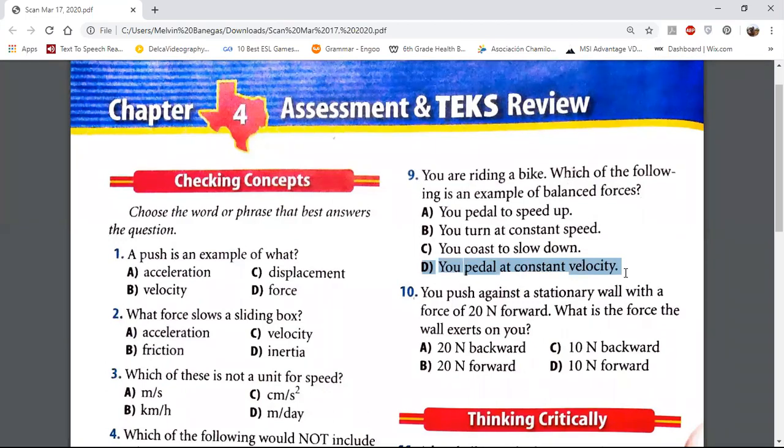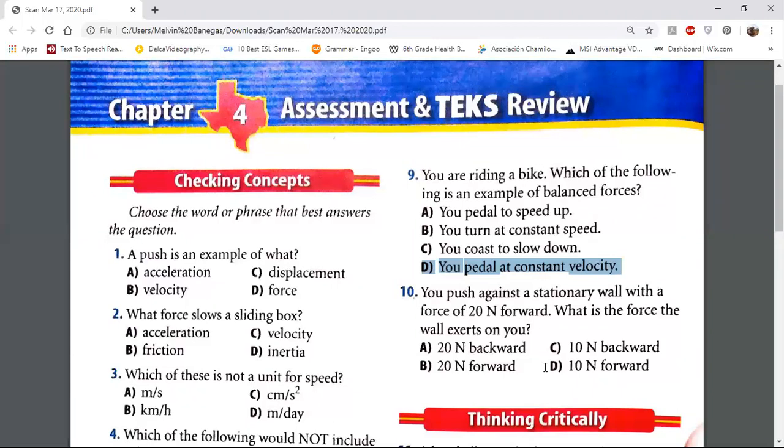Okay, who wants to read number 10? Me. Okay, go ahead. You push against a stationary wall with a force of 20 N forward.